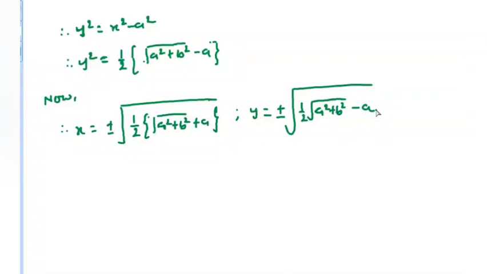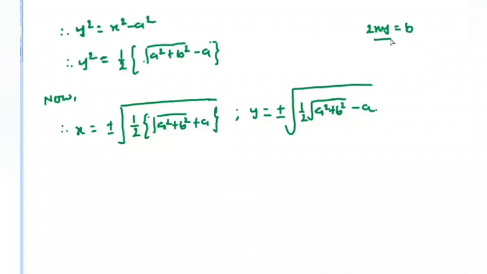Now since we have equation 2, what is equation 2? It is 2xy is equal to b. Now the product xy depends on the value of b, or vice versa, the value of b depends on the signs of x and y, whether it is positive or negative. So if b is positive, what can we conclude?